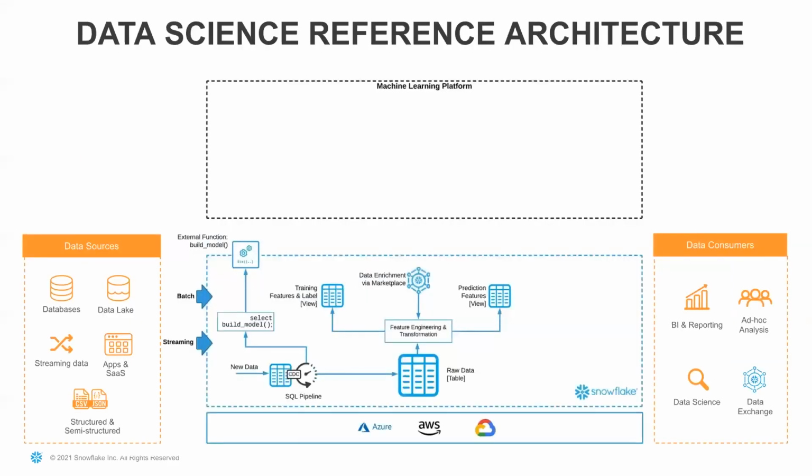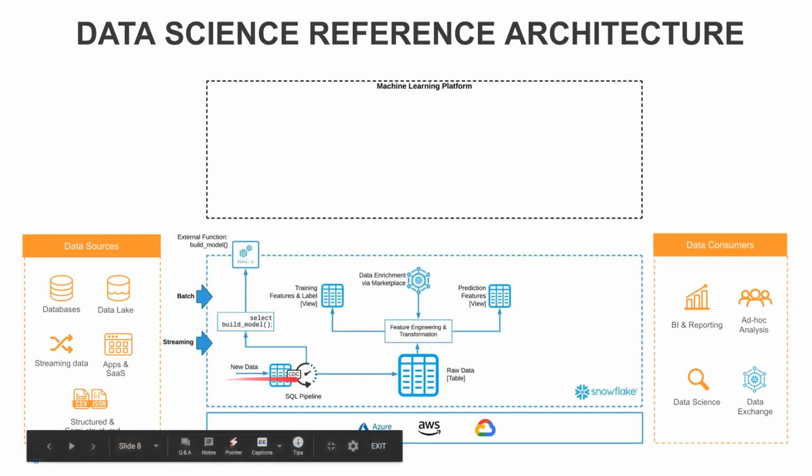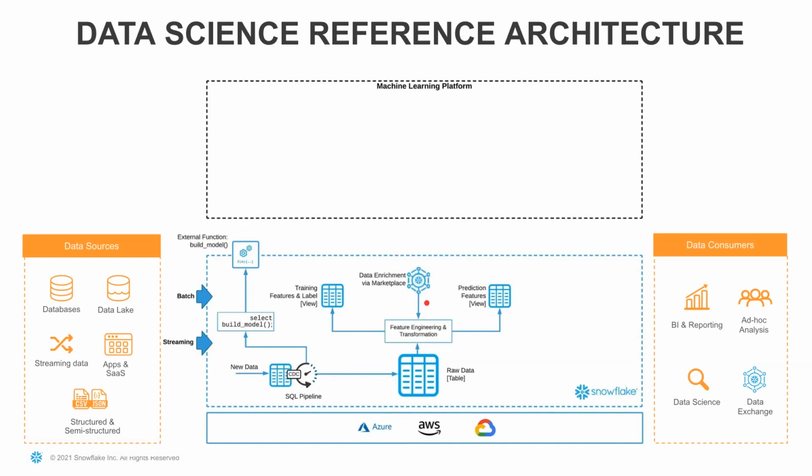The way this works with Snowflake is that we underpin the machine learning platform, and in this case, the machine learning platform is Amazon SageMaker. So I can have an end-to-end pipeline where I do all my feature engineering. I can bring in external data sets from the marketplace to enrich the data.